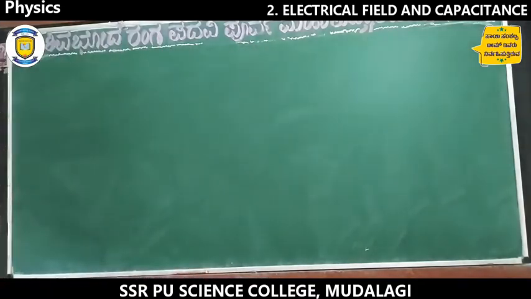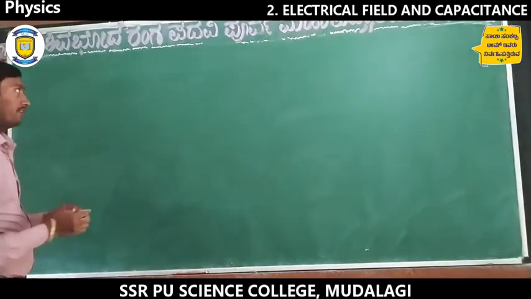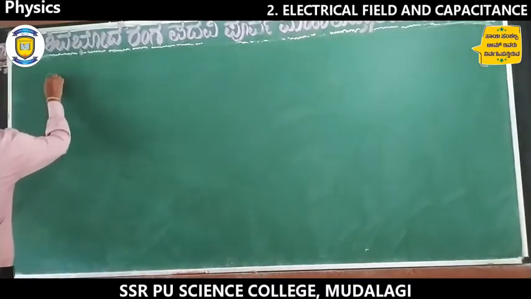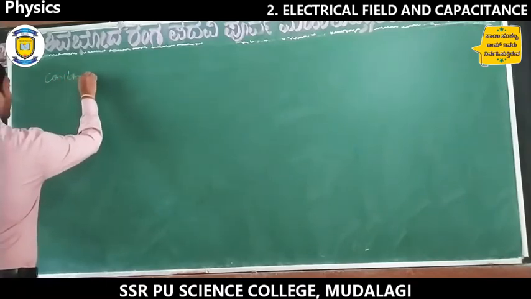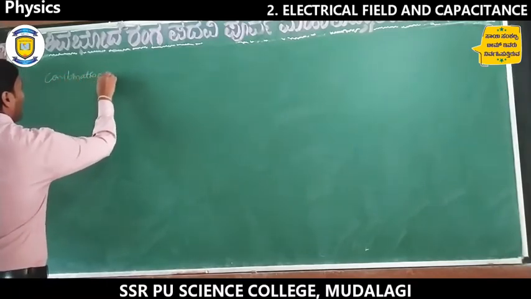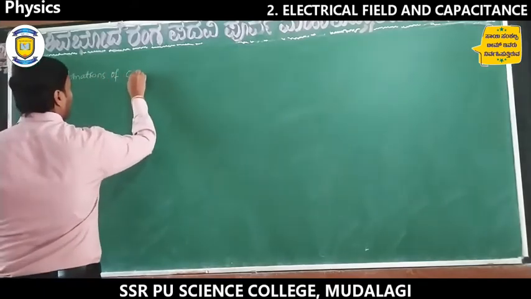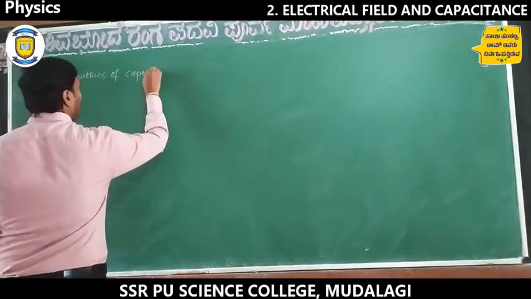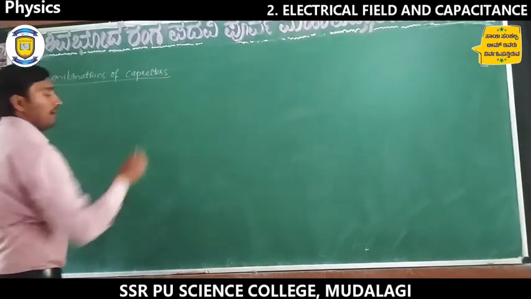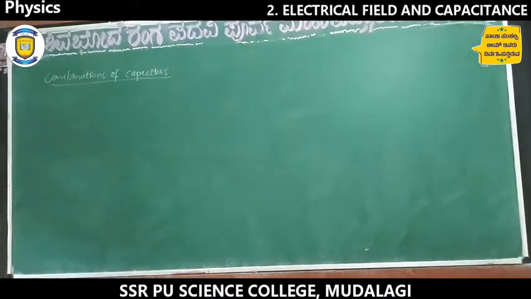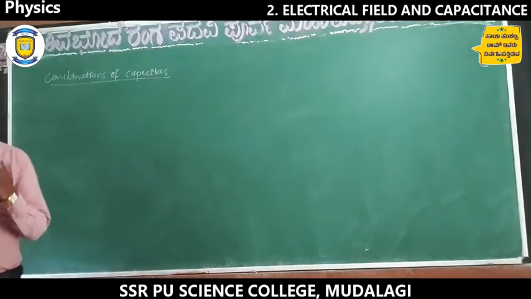Capacitors are combined in two groups. One is series combination, one is parallel combination.